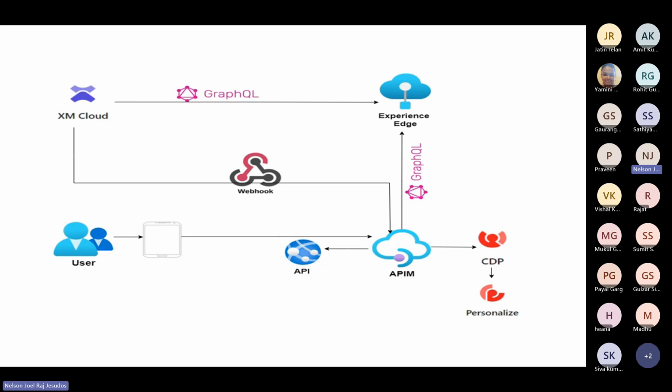Why are we using the GraphQL API? There will be some discussion because we also have the Item API and an OData API. But the recommendation from Sitecore is that the GraphQL API is the right way to use it, and it also has a lot of features in terms of querying capabilities. We also reached out to Sitecore before getting started with this project, and Sitecore provided a lot of updates to us.